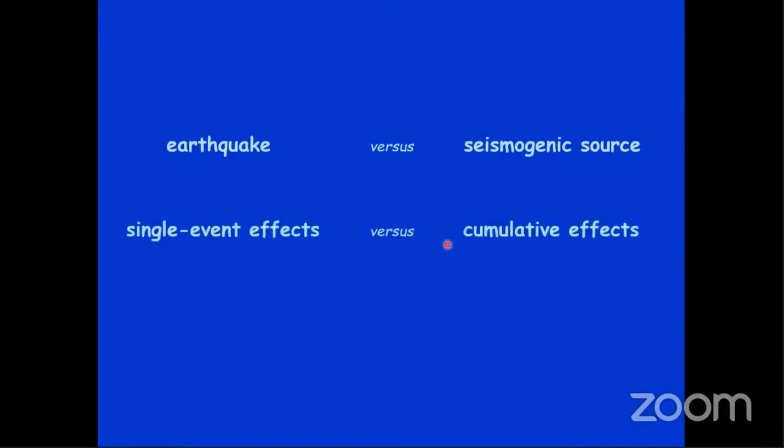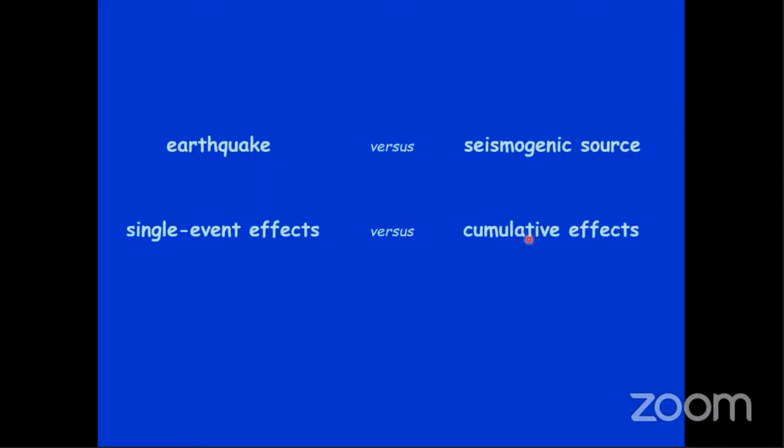Now, I'll remind you of the title of this presentation. And as an exercise, the sources of information have been subdivided into two categories. On one side, those providing information related to a specific earthquake, and on the other side, those providing information on the seismogenic source that caused that earthquake, but also past ones. In other terms, single event effects versus cumulative effects have been independently considered and analyzed.